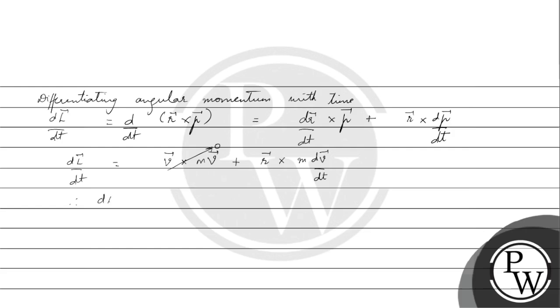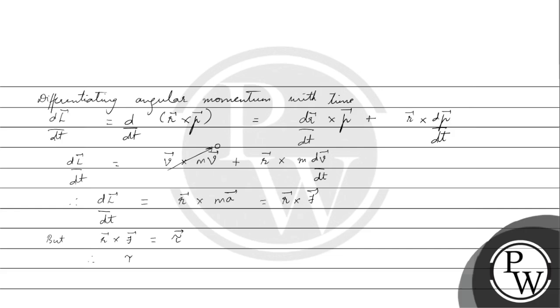Therefore dL by dt is equal to r cross m into a, and we know from Newton's second law that mass into acceleration is force, so that is equal to r cross F. But we know that r cross F is nothing but the torque.